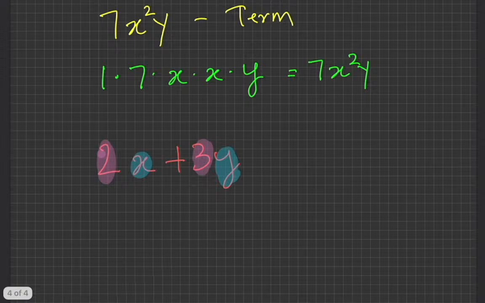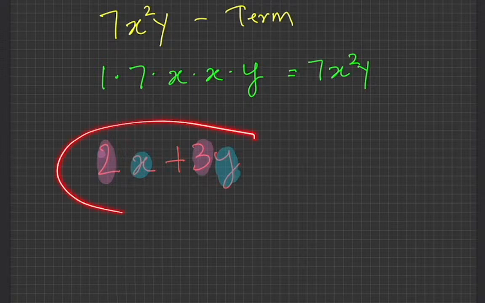Like terms are terms that have the same literal coefficient, right? Let's say, for example, in this case itself, 2x plus 3y, we can't add them because we have x and y as literal coefficients. So they are different. We can't add them. They are unlike terms.